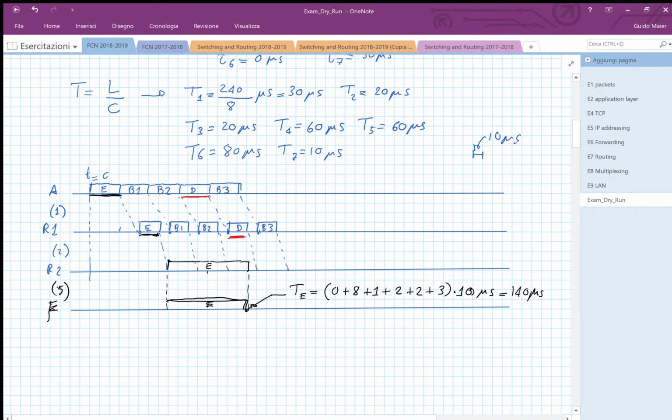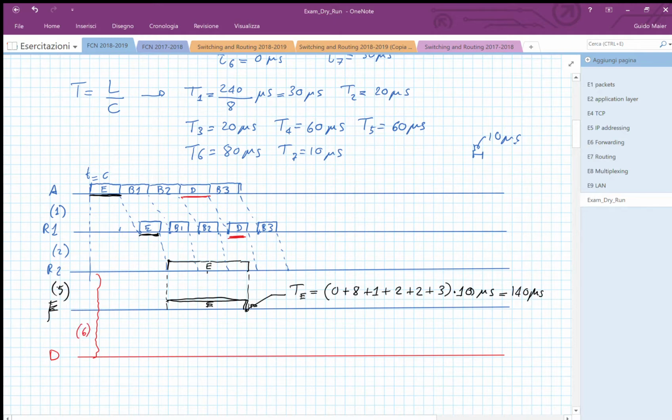So here we can now draw another line, and this is representing the final destination D. Now from R2 to D, on this transmission, we are crossing link number 6.